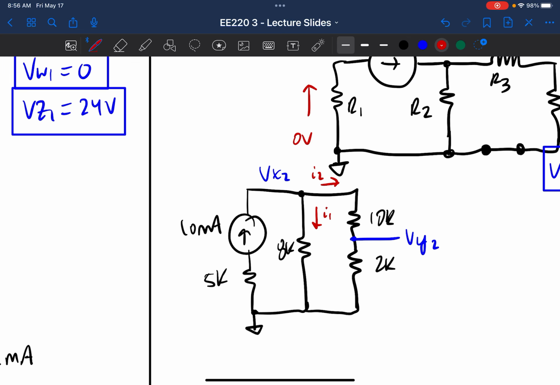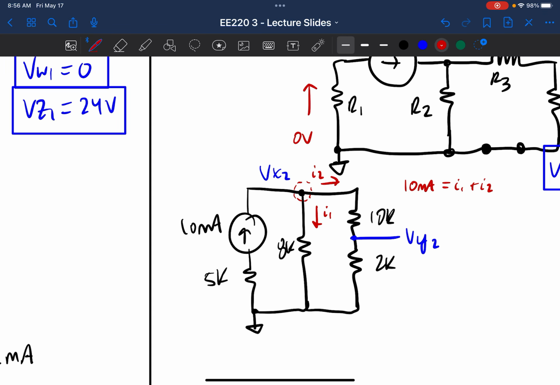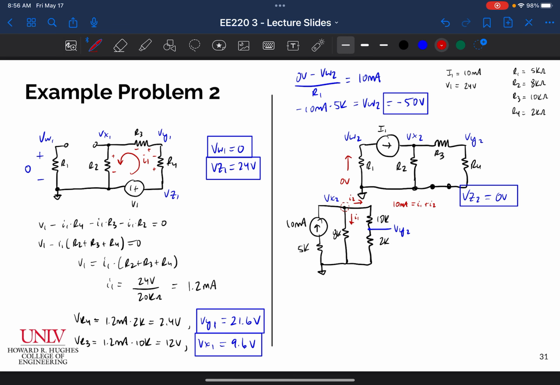And of course, we know that 10 milliamps is equal to I1 plus I2 from KCL at this node, right? So let's use the current divider equation to determine I1. I1 is equal to 10 milliamps, the current flowing into the node, multiplied by, since I want the current through the 8K, the other two resistors in the numerator, which is 12K, 2K plus 10K, divided by the sum of my resistors, 12K plus 8K, or 20K.